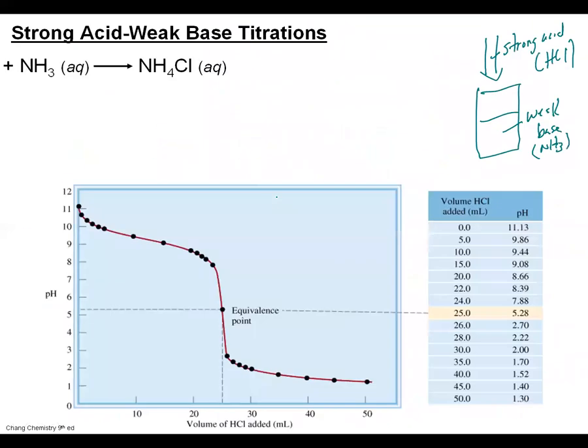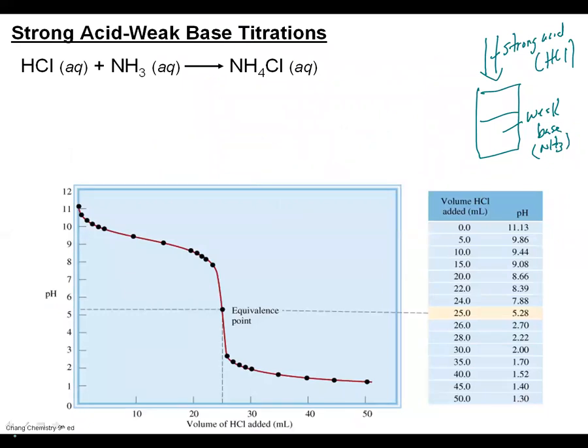All right, so let's take a look at this one. So again, a little bit different here. We are adding our acid actually to our base. So when we start this titration, actually before we start the titration, the only thing that we have in the beaker is a weak base.